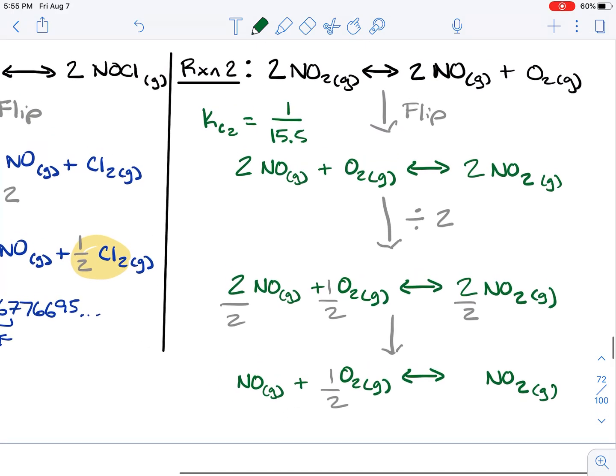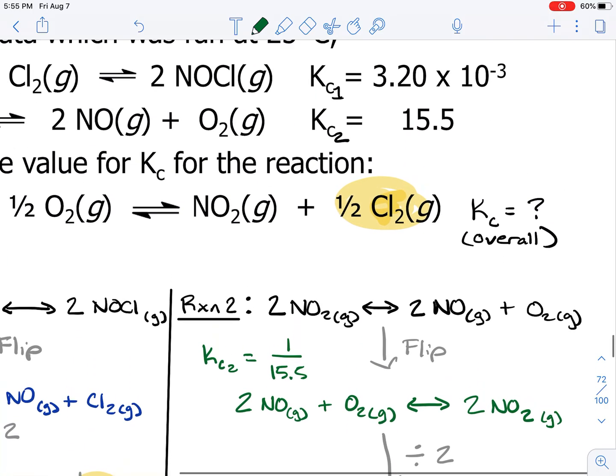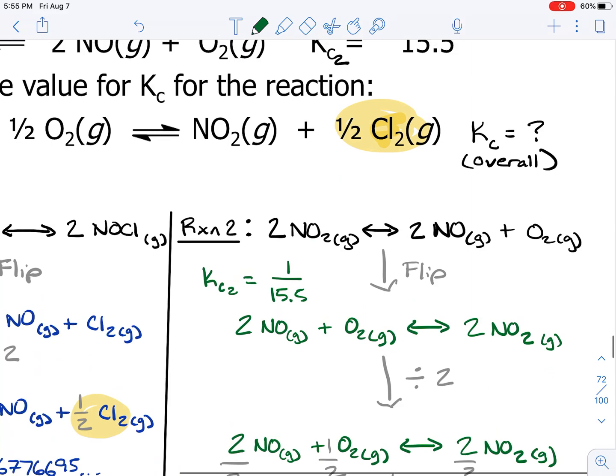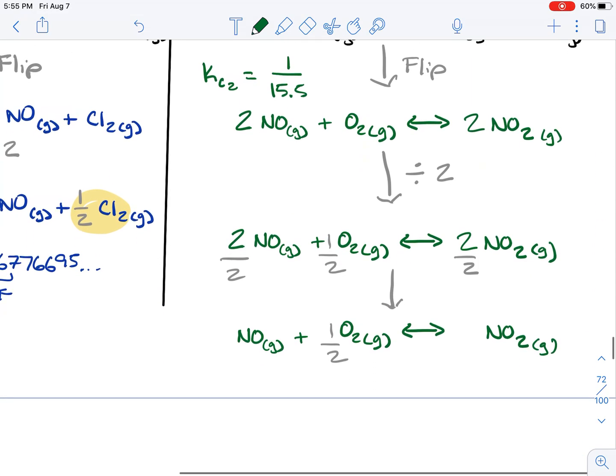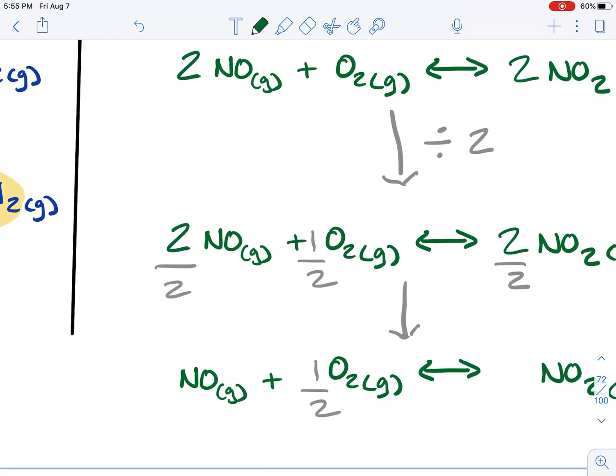And so after dividing everything by 2, that means we're going to take the Kc and take the square root of it. So I'm going to take the square root, so this is Kc2, and take the square root of 1 over 15.5. Okay.